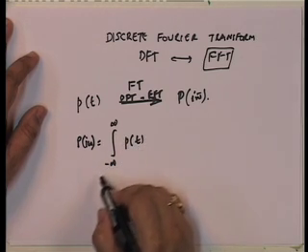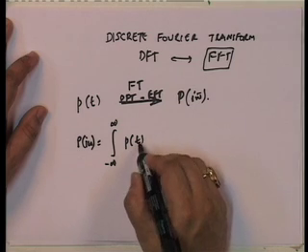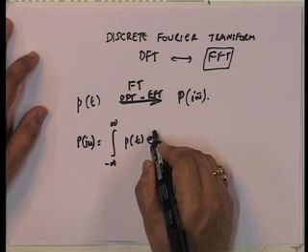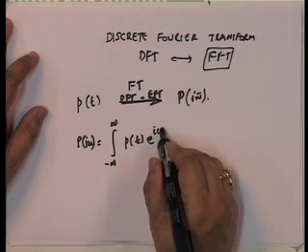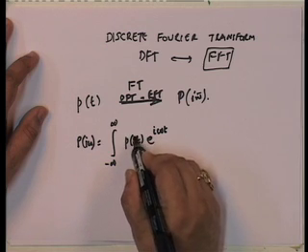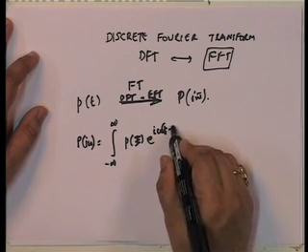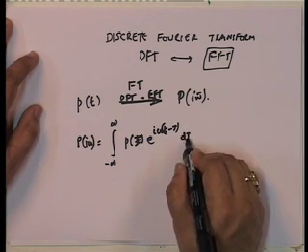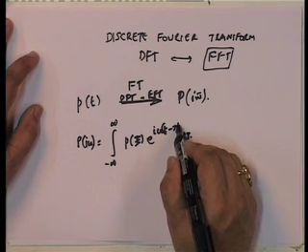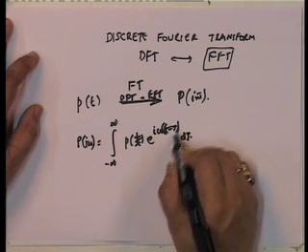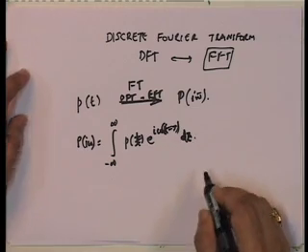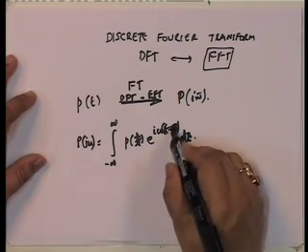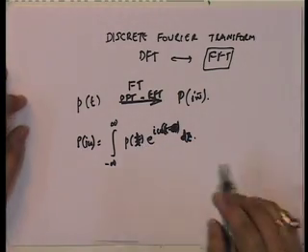P of t, e to the power of minus i omega t, dt. Okay. So, there is no tau here, it is just t. Okay. The t minus tau comes in the Duhamel integral.